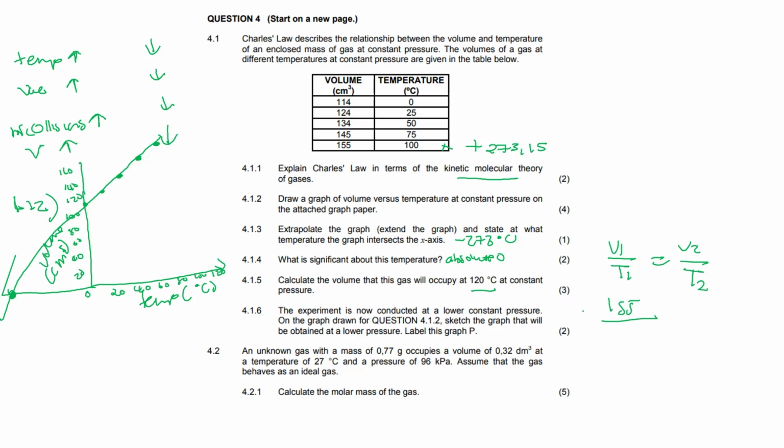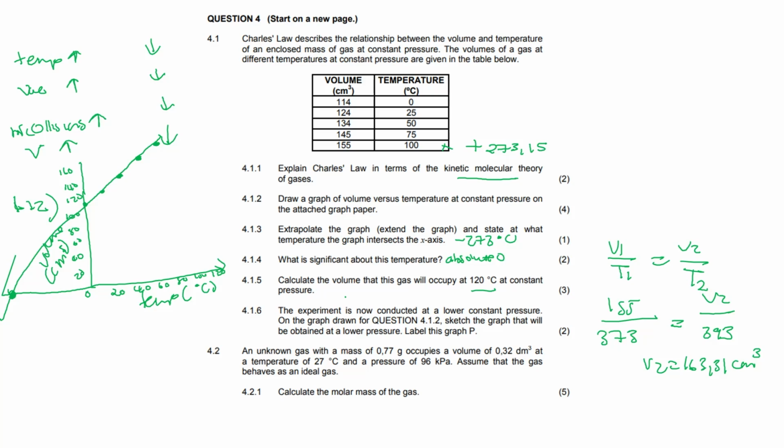We're going to leave the decimals and just say 373. And that's going to give us 120. So 120 plus 273 is going to give us 393. And I get my volume to be 163,331 centimeters cubed.